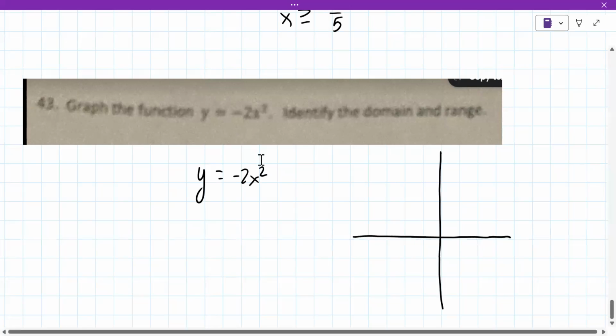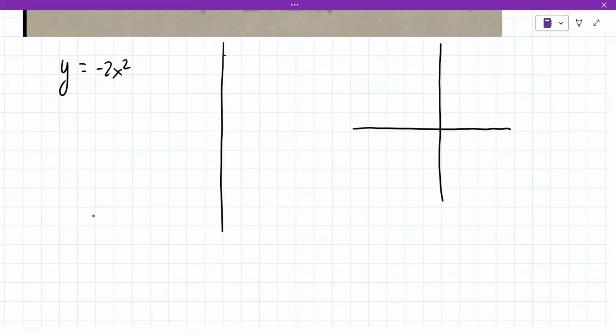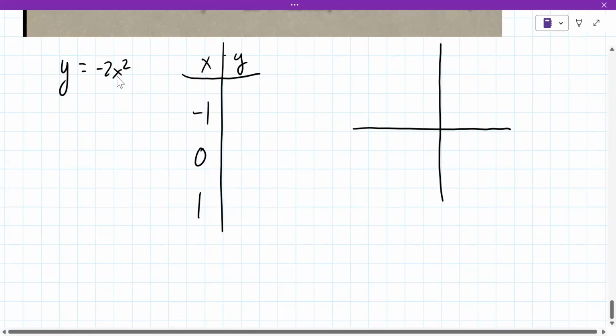So one of the ways you can graph, and that's what I was going to bring up, is you can make a table. It's not real complicated. X, Y, we'll keep it super simple. We'll just make 3 points. So you have to put each of these values in for X. The only way you can make a mistake here is if you don't evaluate properly with order of operations.